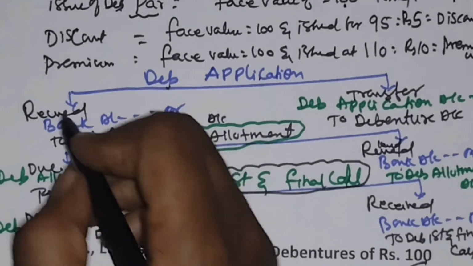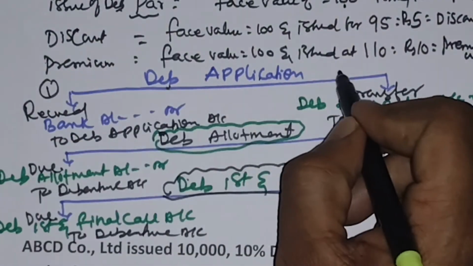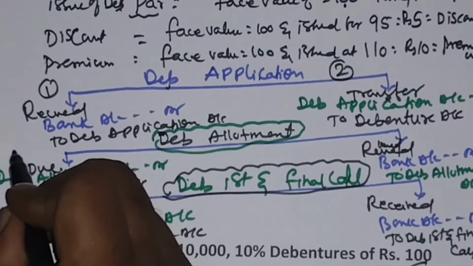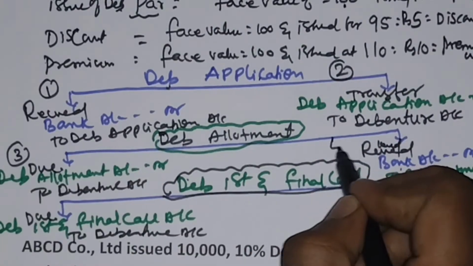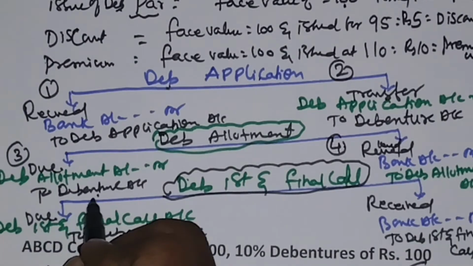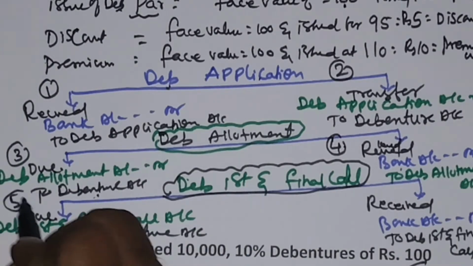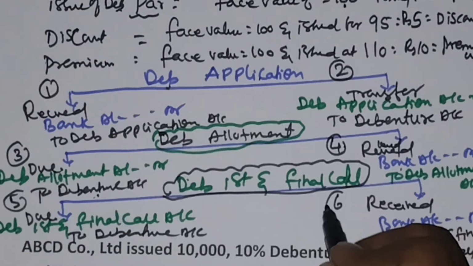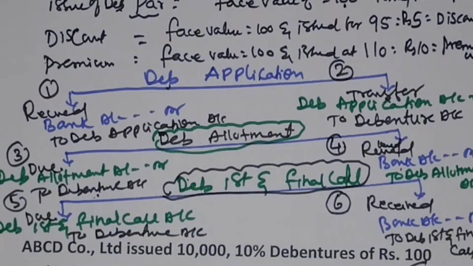Remember that application received is entry 1, transfer is 2, allotment due is 3, allotment received is 4, first and final call due is 5, and first and final call received is 6. Let me write all the 6 one below the other.